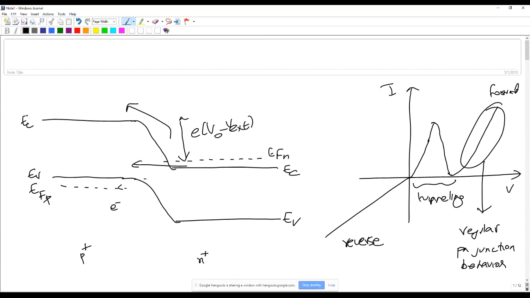Again, a tunnel diode or an Esaki diode has different IV characteristics because you start with heavily doped P and N type materials, and that causes a very narrow depletion region, which allows tunneling for some voltage region until the Fermi levels are so far apart that tunneling cannot happen again, and then your regular PN junction behavior is maintained.